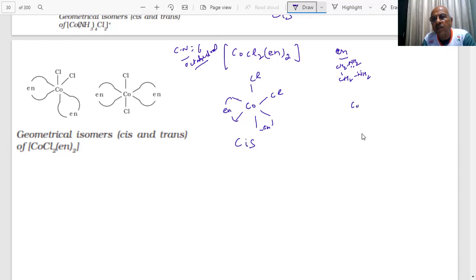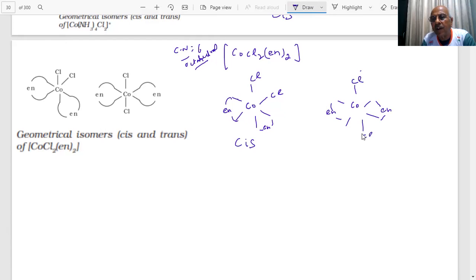And trans is more easy, students. How will I write trans? Let me write the trans now. In such cases, you write cobalt, and you are aware of the shape of the octahedral. I put 6 lines like this, octahedral. Now, if I put these en opposite to each other, then what is left?